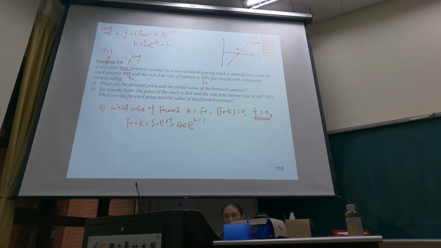Try to identify all the factors. T equals 1, R equals 10%, and S0 equals 40. That's the information. After you use this computation, you can directly write down F0 equals K equals 44.21. That's the question, okay?